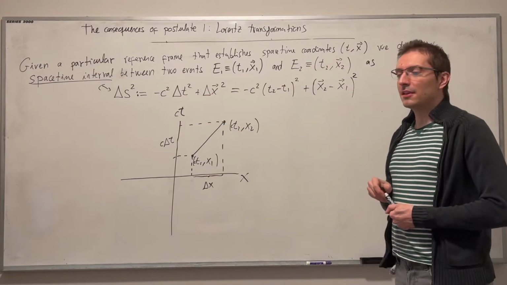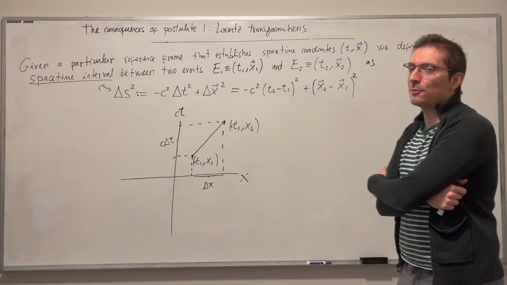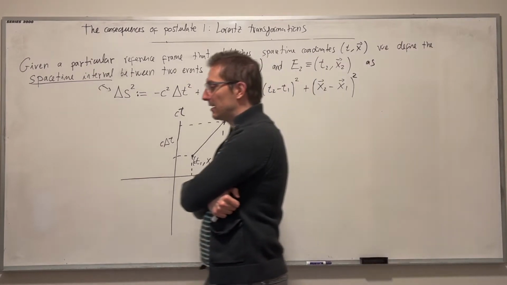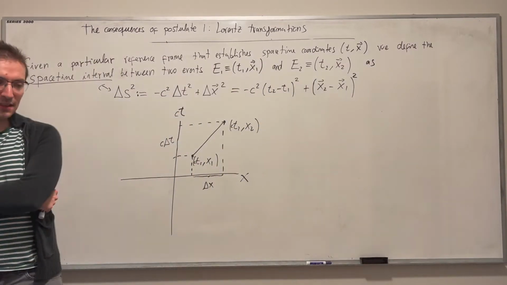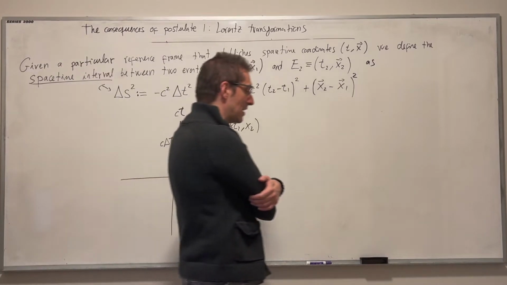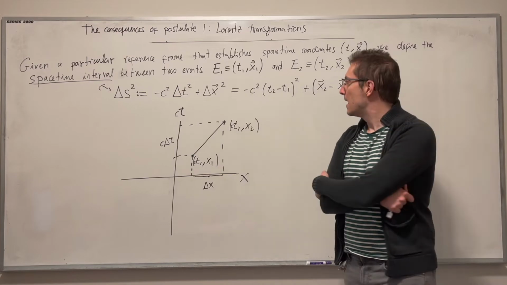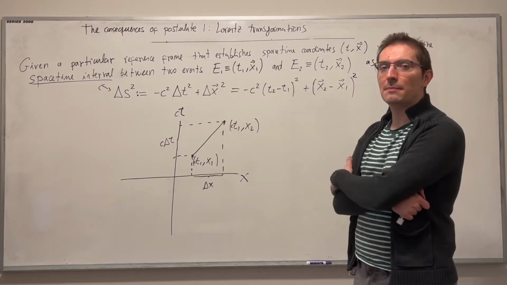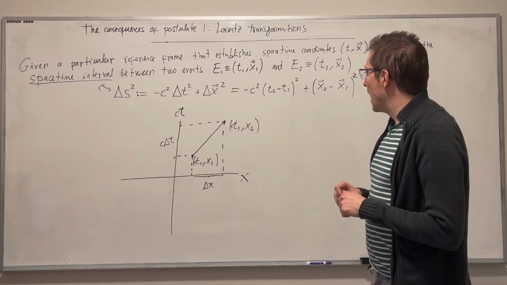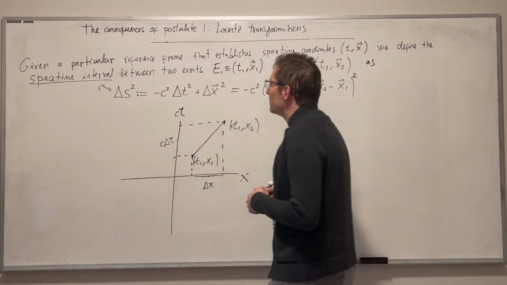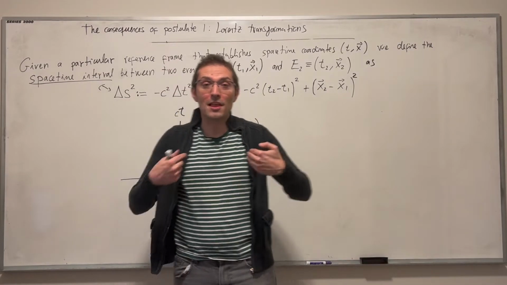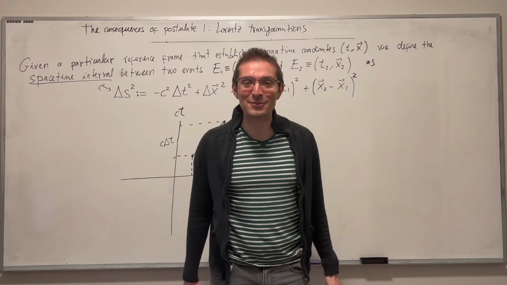Now, in particular, to help me impose postulate 2, which is the fact that the speed of light should be the same for all inertial reference frames, let me pick the two events in a particular way, okay? I'm gonna pick the two events related by the propagation of light. For example, me jumping and the camera receiving the signal.